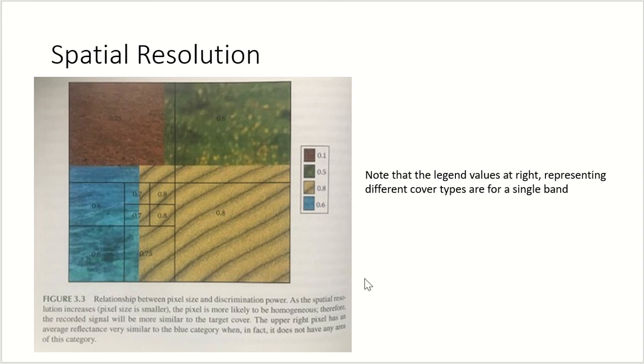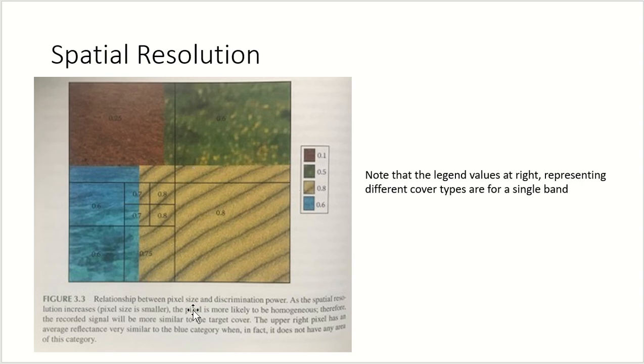And it's a good example of, the book talks about this, how when you go from smaller to larger grid cells, you're more likely to have a mix of cover types within the area of the grid cell. You might hear somebody say it's the footprint of the grid cell.